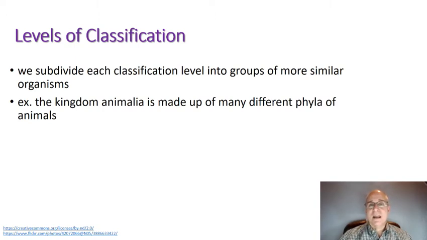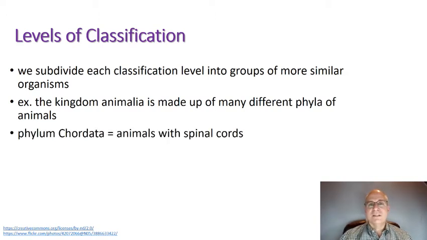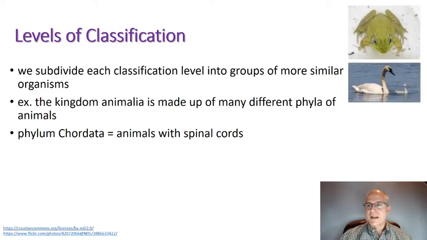In the kingdom Animalia, some of the phyla that we will be talking about next week include the phylum Chordata. These are animals that have a spinal cord, like the bullfrog or the trumpeter swans that you see there. Those are animals in the phylum Chordata.